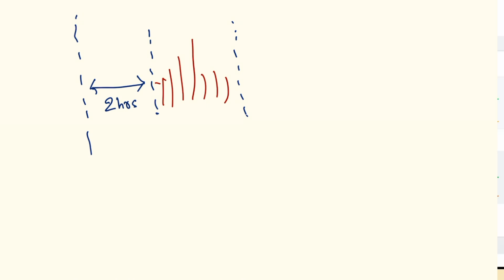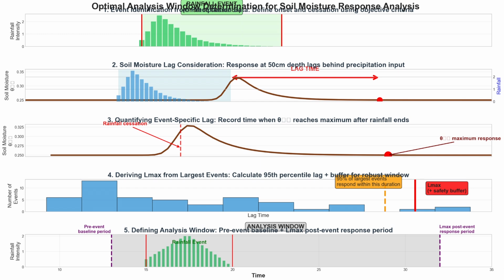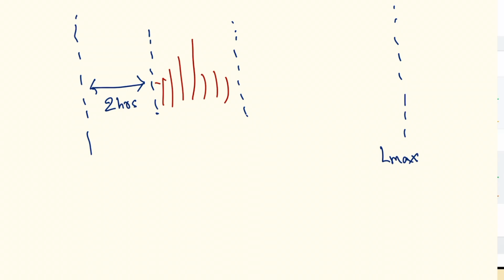Now we take 2 hours before that, take all the time series data and the entire rainfall event, and then the end can be at L max, which we found using the cumulative distribution function of the response times at 50 centimeter, or at the beginning of the next event, whichever is less.